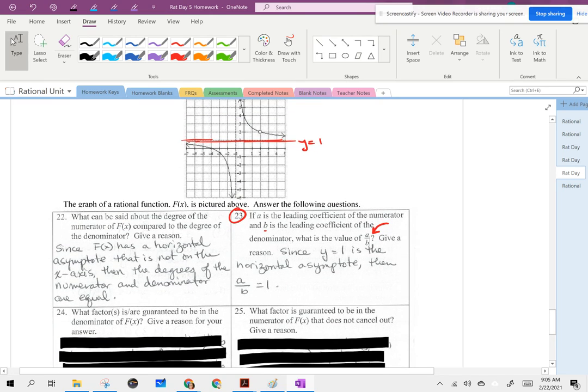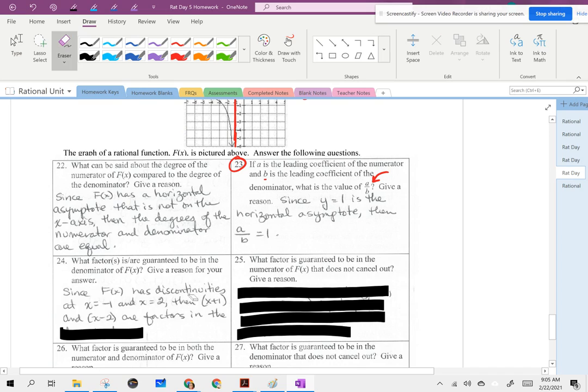Okay, so let's see if we can identify that vertical asymptote along with the x of the hole. Here's our explanation. Since f of x has discontinuities at x equals -1 and x equals 2, then x plus 1 and x minus 2 are factors in the denominator.